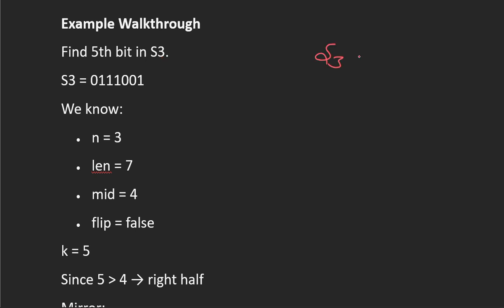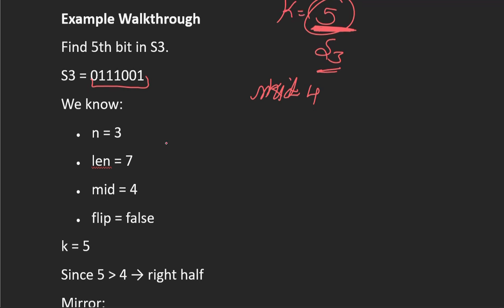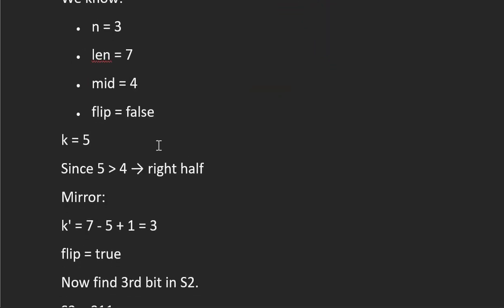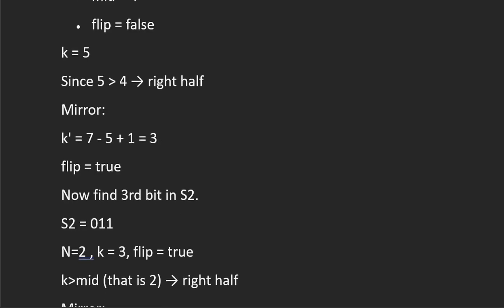So we have to find the fifth bit in S3. So S3 is this. So mid of S3 is 4. Now k is equal to 5, right? So our k value is greater than the middle element, so we have to find in the right half.